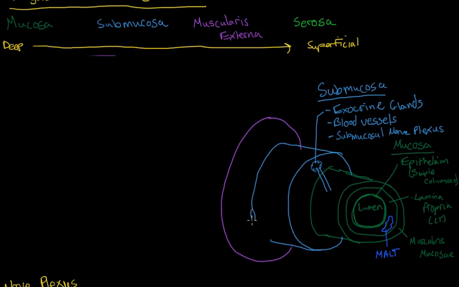First layer, it's going to have two main layers of muscle. So let's break this up into two layers here. And this first layer of muscle is going to be circular muscle. So let's see, muscularis externa.